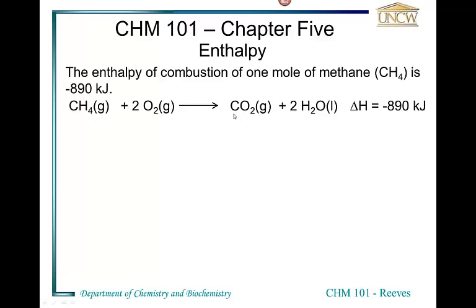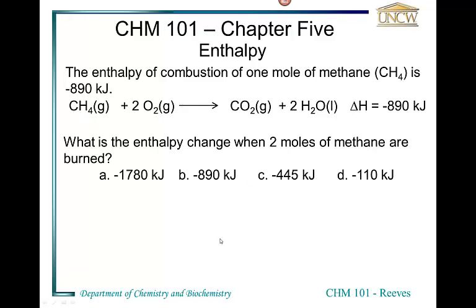And so if you're subtracting a bigger number from a smaller number, you get a negative number. In other words, there's 890 kilojoules less enthalpy required to string together the carbon, hydrogen, and oxygen atoms of CO2 and water compared to stringing those same atoms together as methane and oxygen.